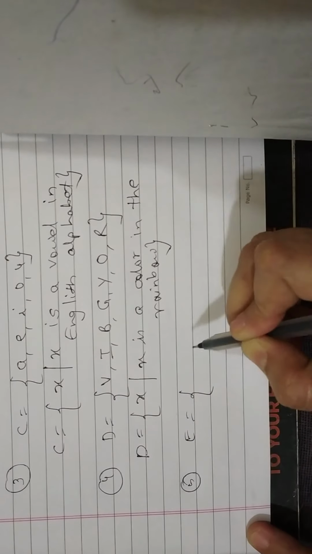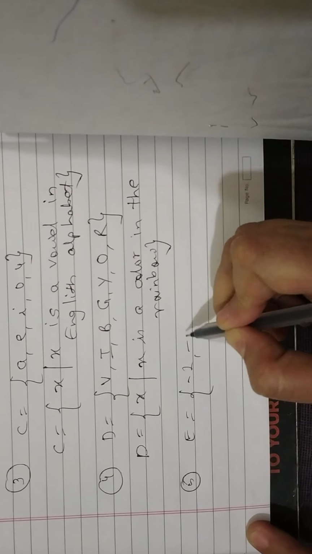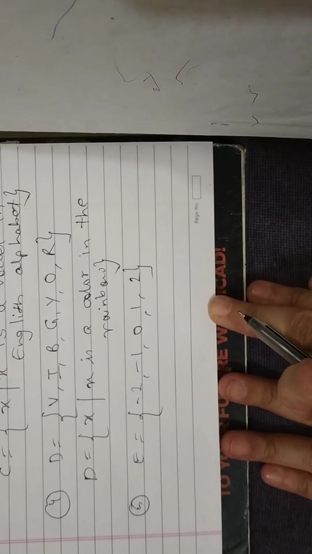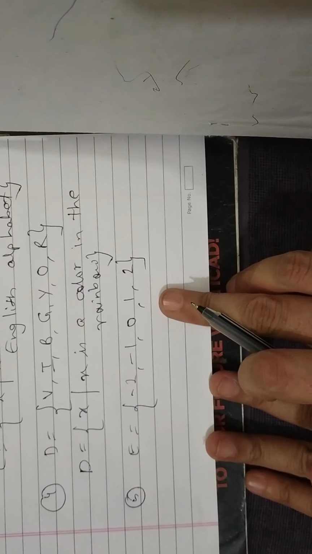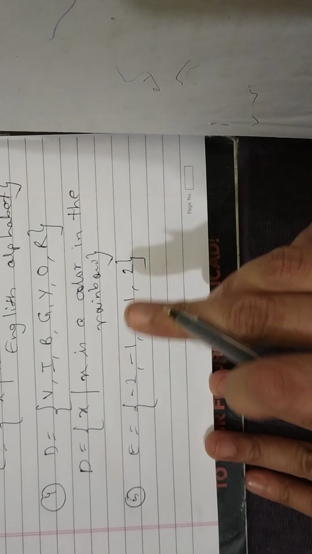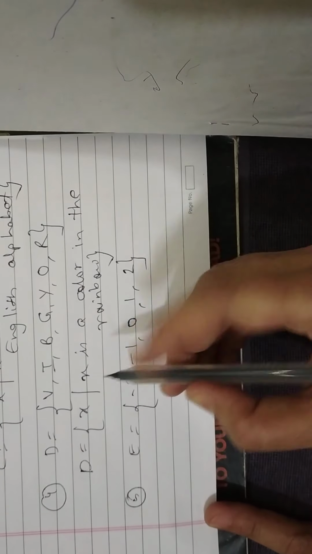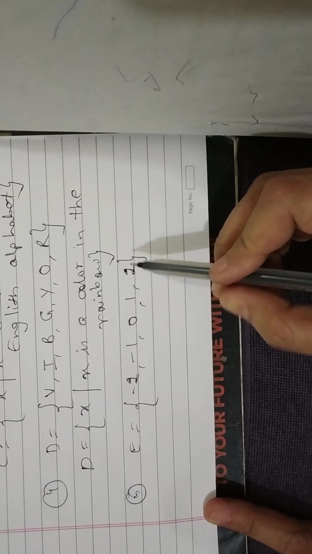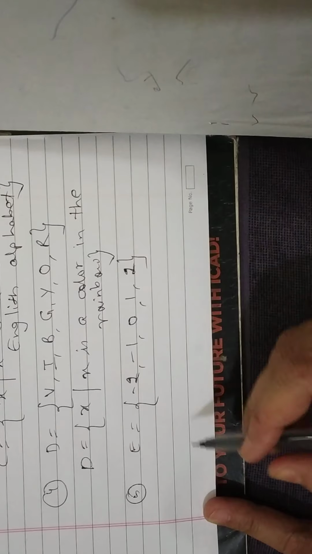Now, we'll see the fifth one. E is -2, -1, 0, 1, 2. These are integers and they lie between 3 and -3.